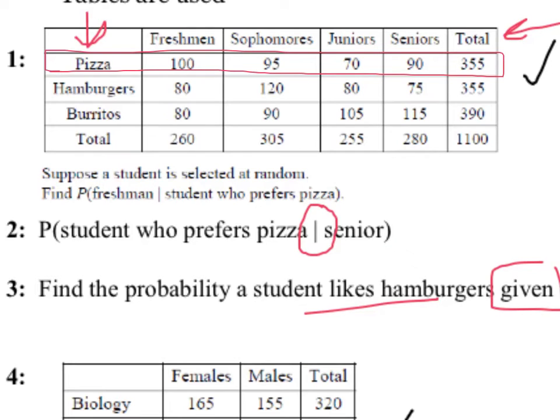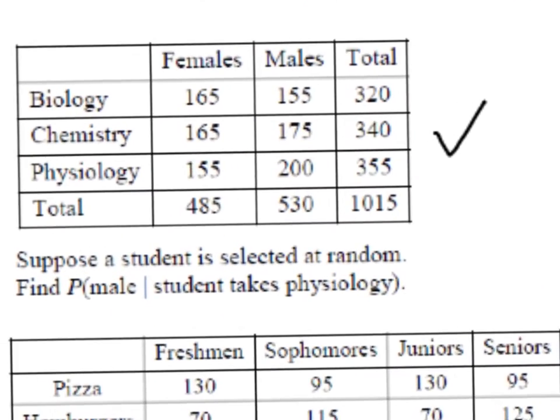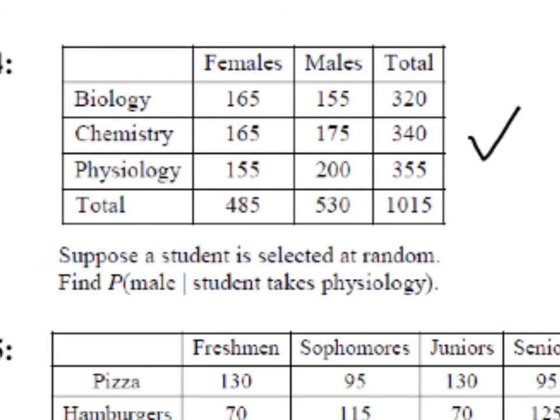Okay? If I look at another question right here, we can do a lot of things. Here we have gender is in question. Okay, that's one of the options. And then we have what class they take. I could ask a lot of conditional questions here, or a lot of different probability questions, but this one says, what's the probability that the student you choose is a male, given that they take physiology?